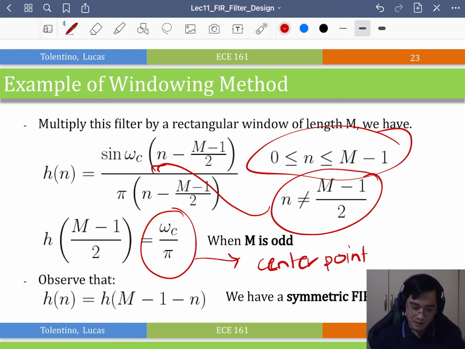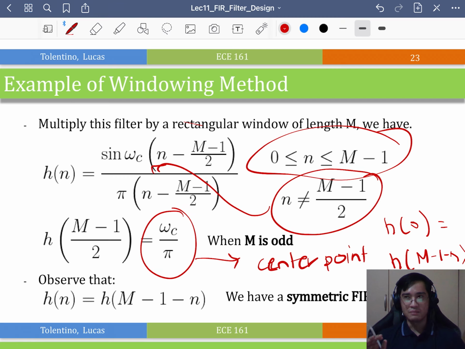So now we observe the following condition. h of n, so for example, h of 0, is actually equal to h of m minus 1 minus n. So you try it with this function. For example, m is 31, so we have 30 from 0 to 30.